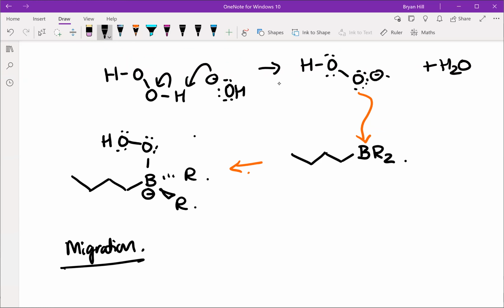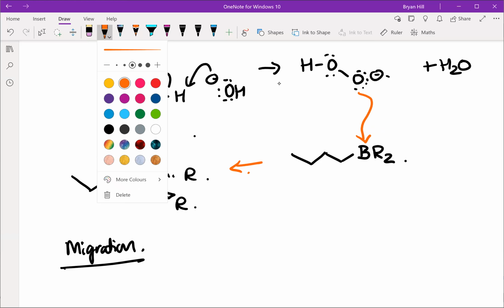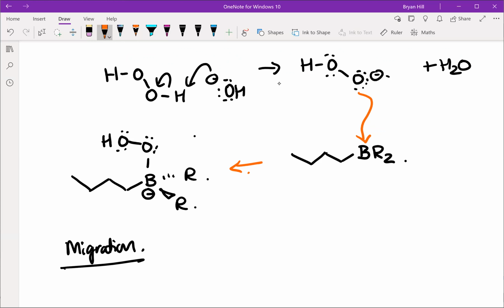And so the electrons in this bond attack the oxygen, and these electrons move on to there.